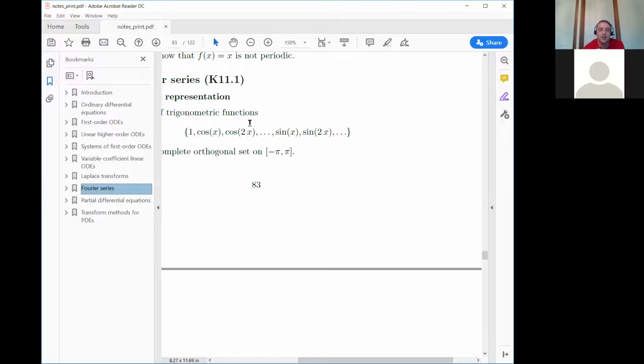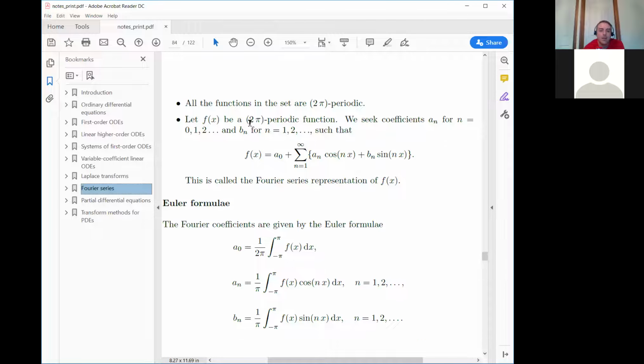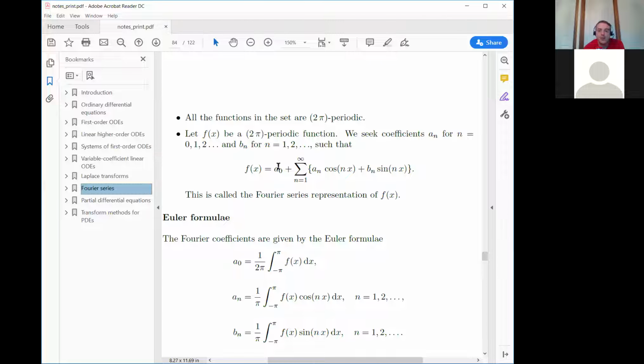And this is going to be our fabulous trig identity involving the constant and involving some number times the cos of whatever x and some number times the sine of whatever x. Just like for my cos squared, it came out to be a half, which would be the a0, and a half of cos 2x, which is the a2. We're going to figure that out for other things as well.